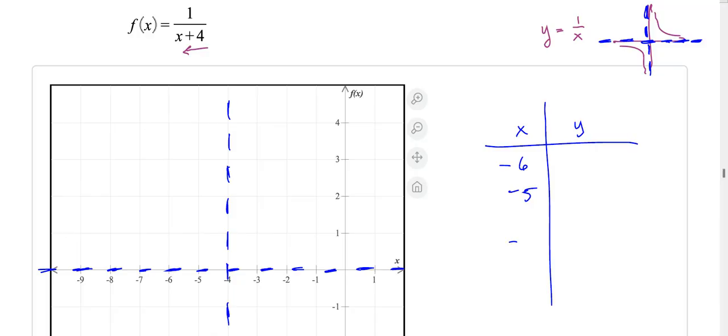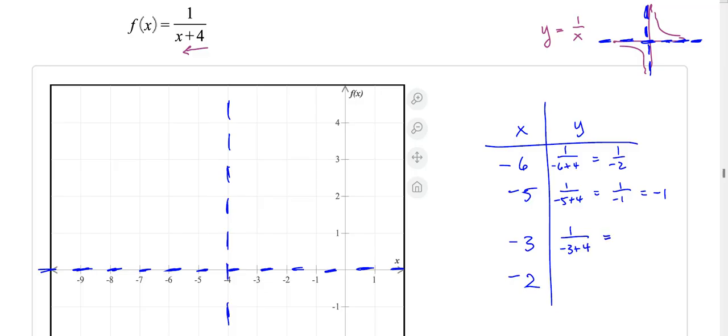What are my y values? They're going to be 1 over -6 plus 4, which is 1 over -2, 1 over -5 plus 4, 1 over -1, which is -1. 1 over -3 plus 4, which is 1.